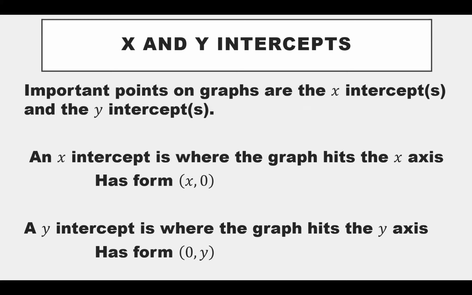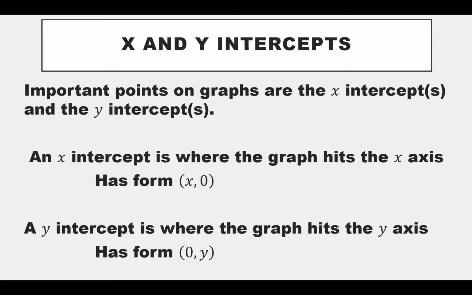Now, there are some important points on graphs, and there are certain points that are named. Two different kinds of important points on graphs are the x-intercepts and the y-intercepts.